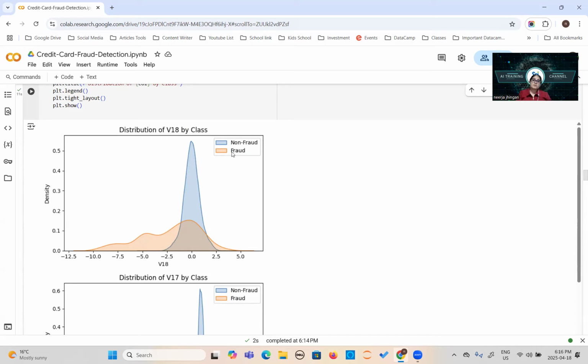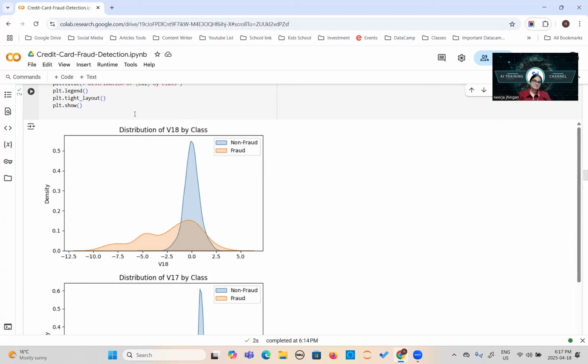And if we talk about the fraud transactions, this is between minus 10 to 5. The fraud transaction is happening between this range by this feature. We don't know the name of this feature, but this is the way it is correlated, and it is telling us the relationship and at what time this is related with the fraud case or non-fraud case.